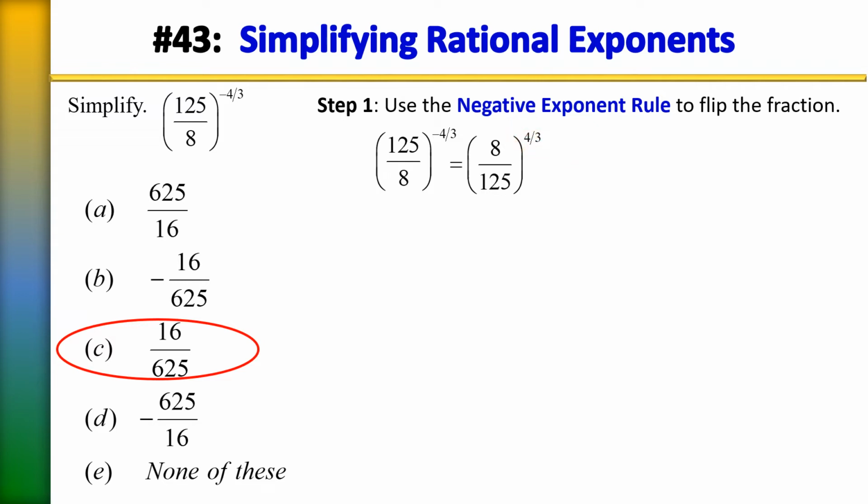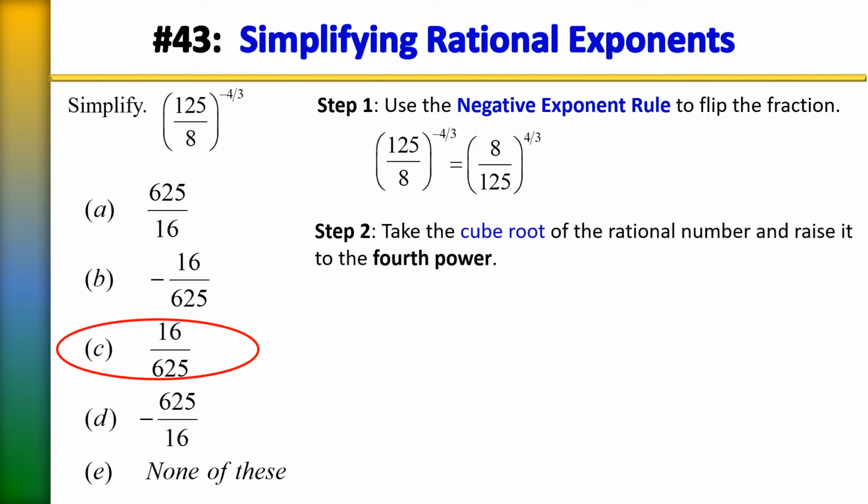So to convert this as a radical, that will be cube root raised to the 4th power. So let's go ahead and write it. So there we have it. Now all we have to do is find the cube root of 8, and then the cube root of 125, and then raise it to that power.